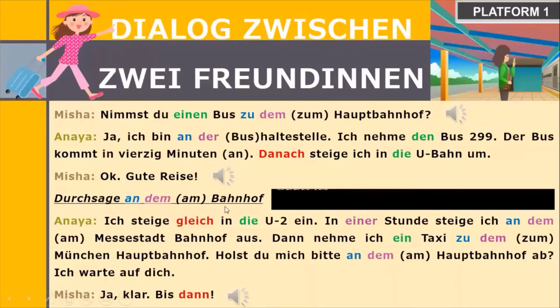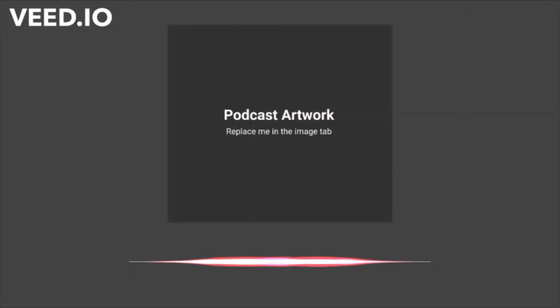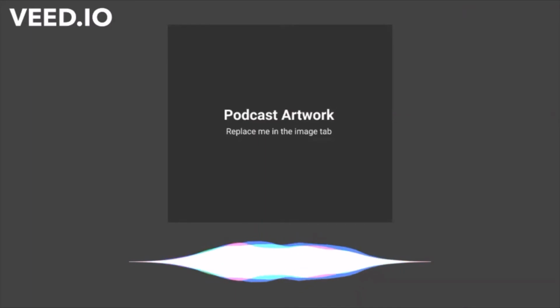So at the station, which is a train station, there is an announcement or Durchsage as it is called in German. Am Bahnsteig 2 fährt gerade die U2 Richtung Messestadt München ein. Bitte Vorsicht an der Bahnsteigkante.